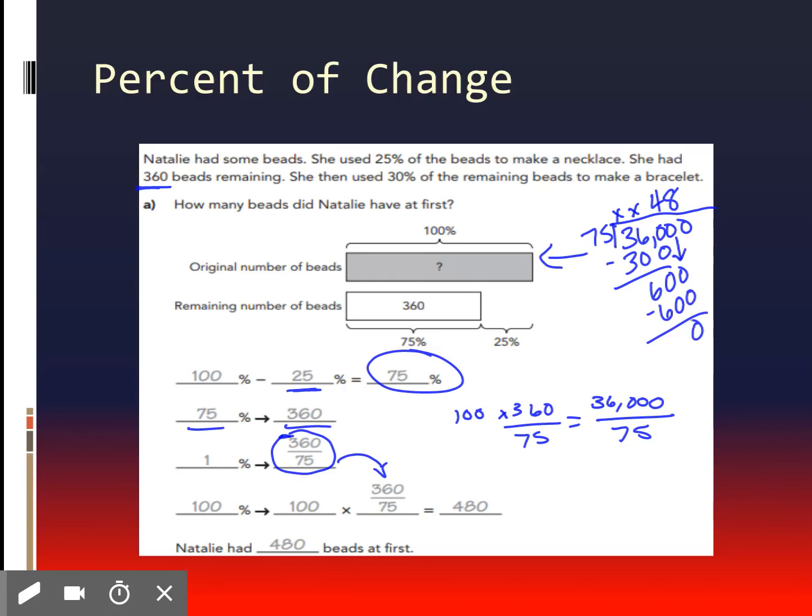So that leaves me with 0. I bring down another 0. Remember, you can't ignore that. You have to acknowledge that 75 goes into 0 times. So at first, Natalie had 480 beads. So again, this is saying that 100% of the beads equals 480. And we need to use that for the second part of the question, which is on the next page.